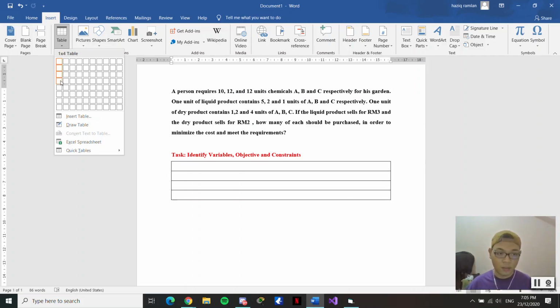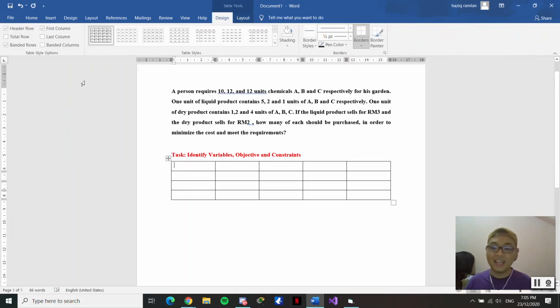We have chemical A, chemical B, chemical C, and the selling price. Don't worry if it's not enough, we can add later on. This is just my assumption.